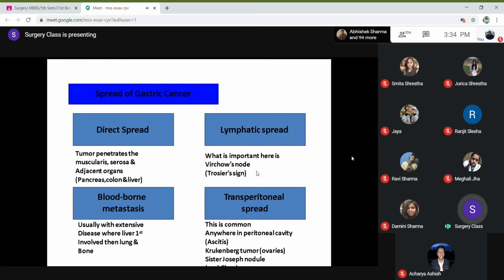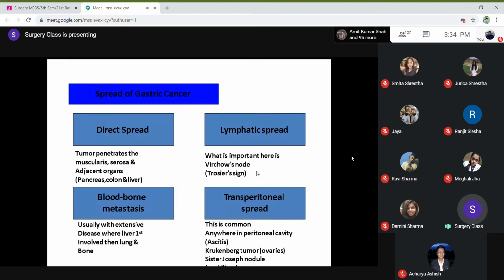When the lymphatics try to drain there, because of the flow of the venous blood, the malignant cells get refluxed back into the left supraclavicular area, and there will be a tumor deposit. So that is the pathophysiology of how the left supraclavicular lymph nodes get involved.